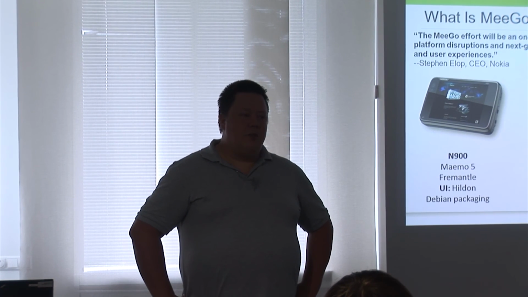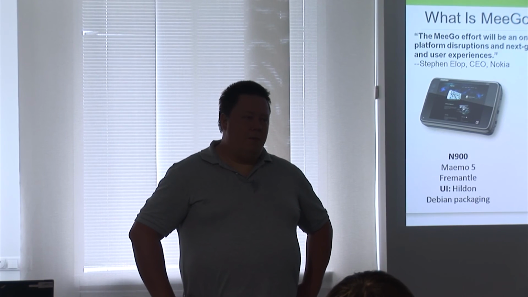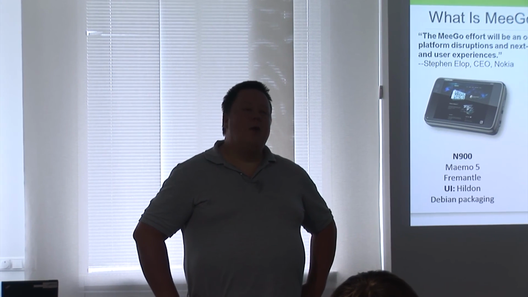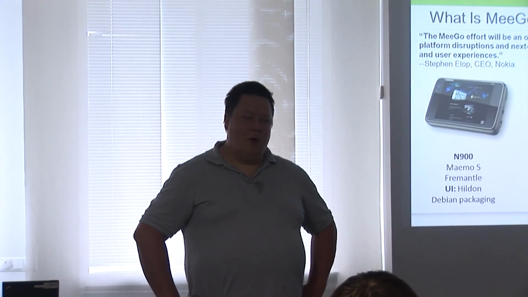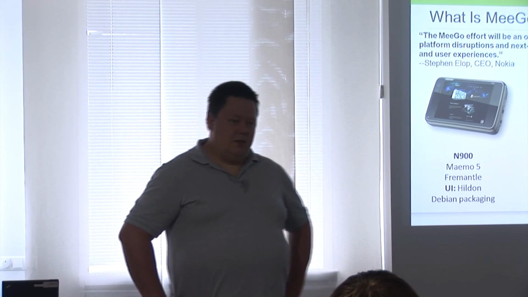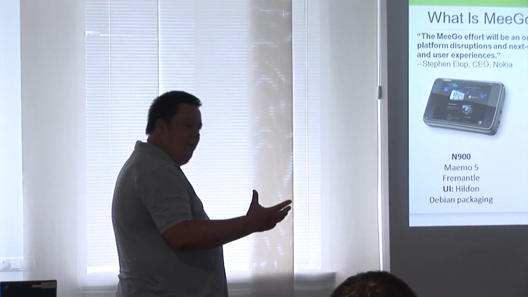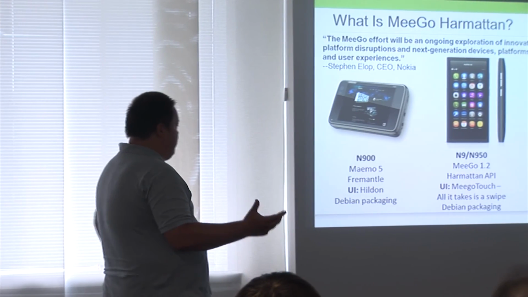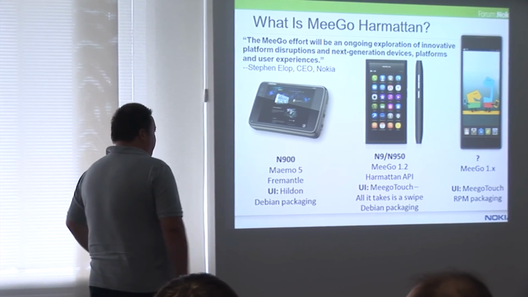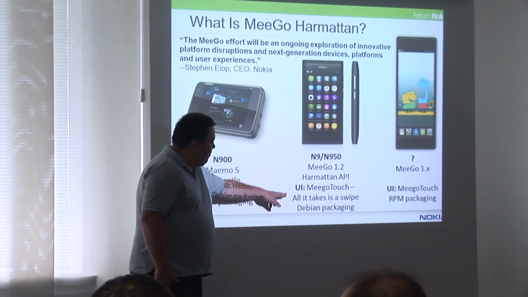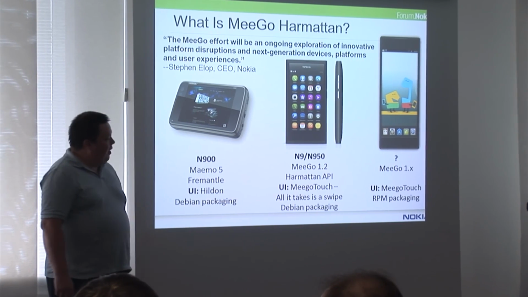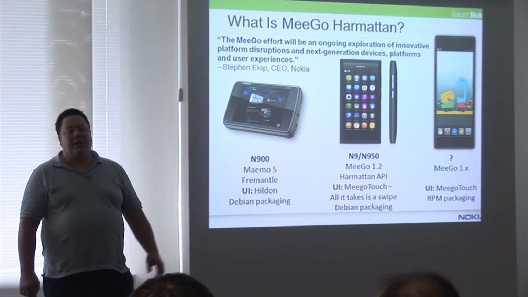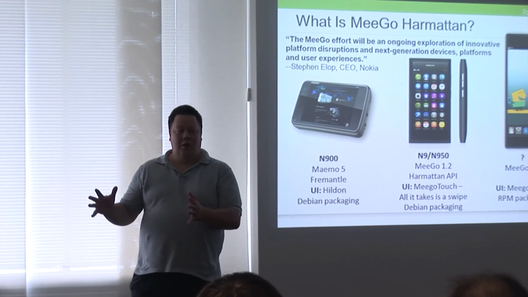But Nokia uses MeeGo Touch in a different way. The user experience is rather similar, but they use QML components, so QML widgets, to implement the MeeGo Touch user experience. Okay. Swipe is important as we discussed, and then there are differences in packaging if you compare to the core MeeGo.